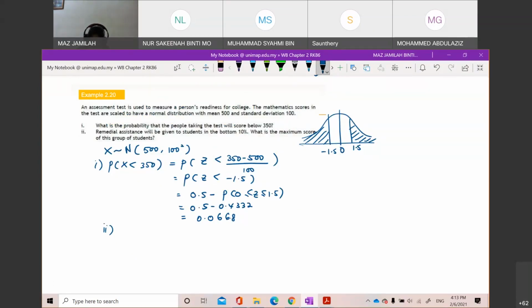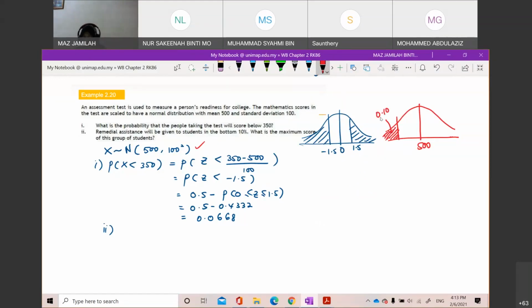So let's put this in terms of the original distribution. Let's say this is the distribution, and the mean is 500. Now we are talking about remedial assistance, which means those who score below the 10% below.